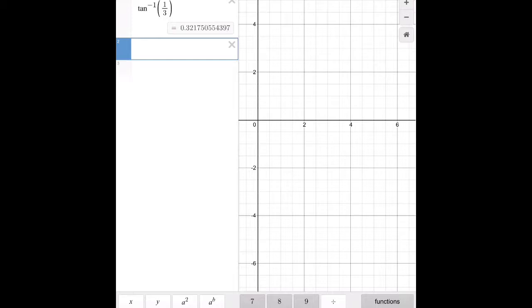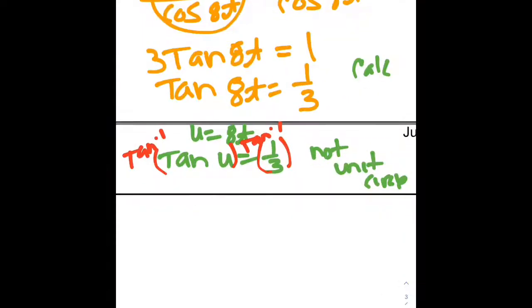I've already done that in my calculator for you on Desmos to save a little time. The inverse tangent of 1/3 is approximately 0.32 radians. So u is equal to 0.32 radians, but friends, this is a multiple angle problem.